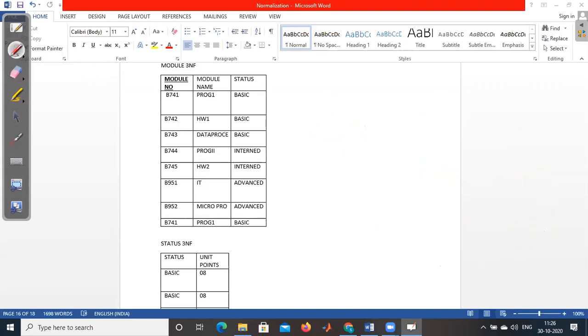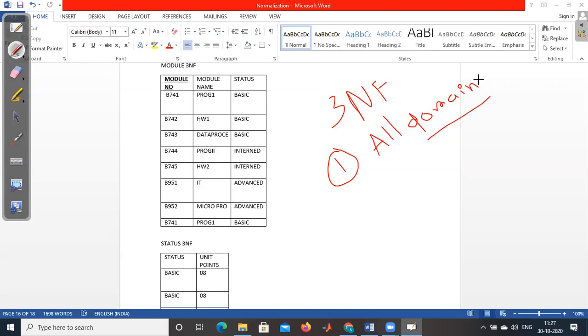Third normal form. We already have seen what is first normal form. According to first normal form, all domain values must be atomic.